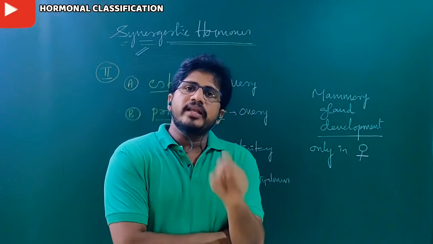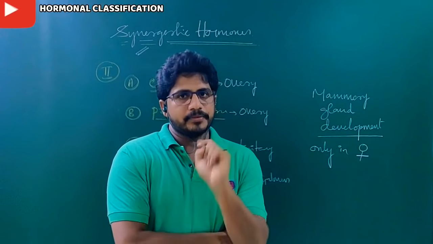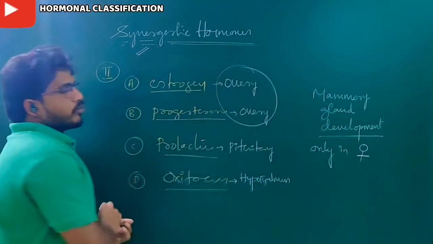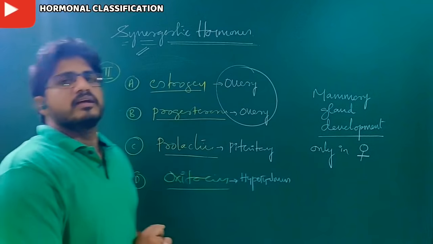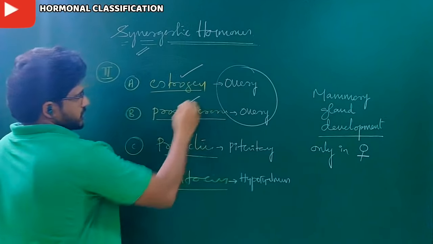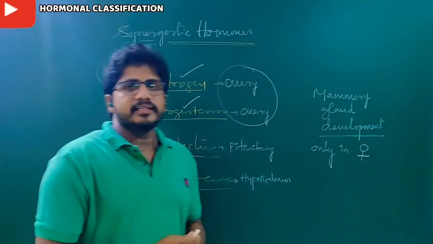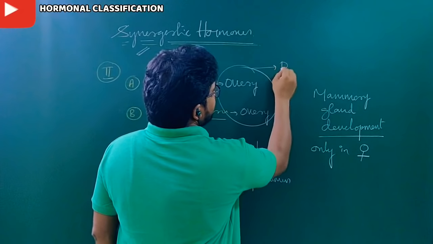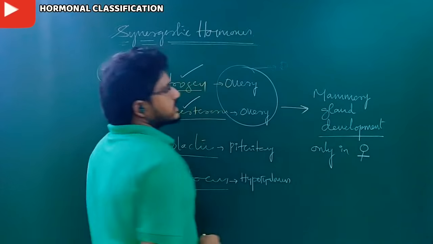Why do mammary glands develop only in females? Because the ovary is present only in females. As the ovary secretes estrogen and progesterone, after puberty their levels increase. Both help in the development of the mammary glands.